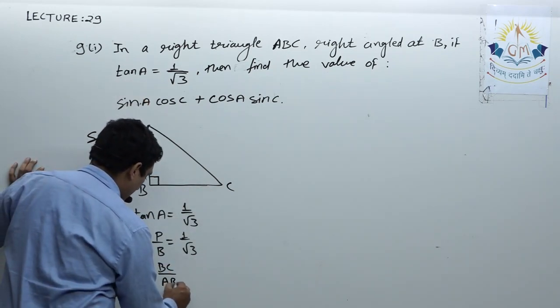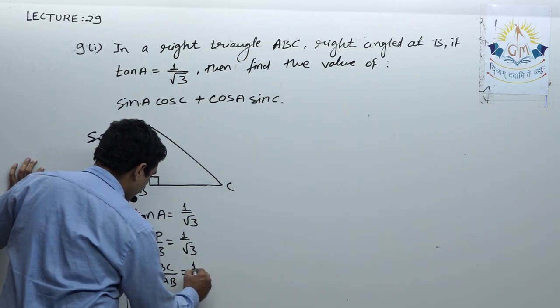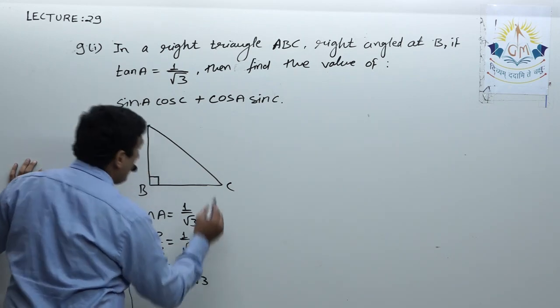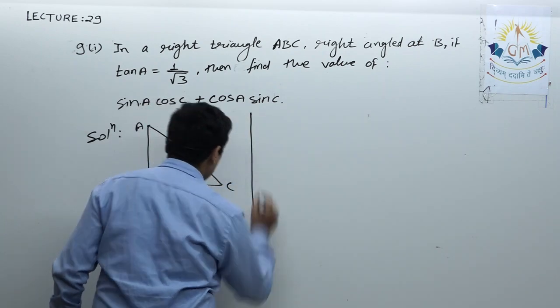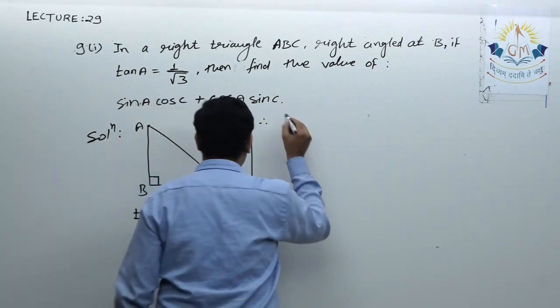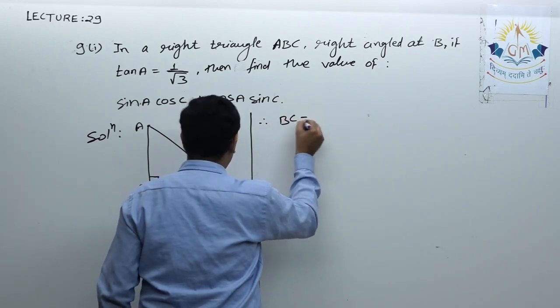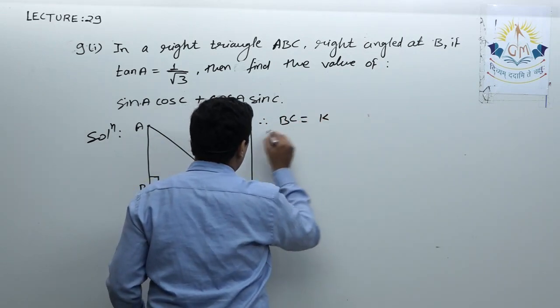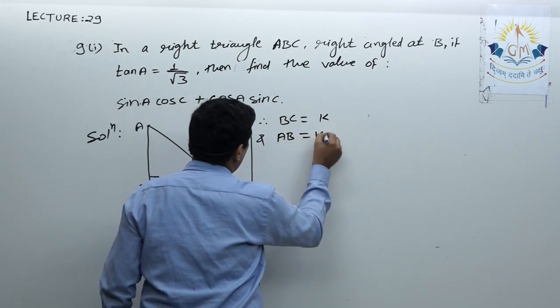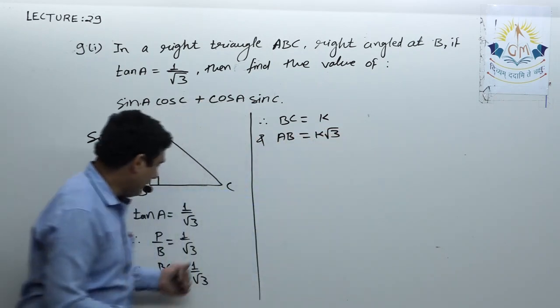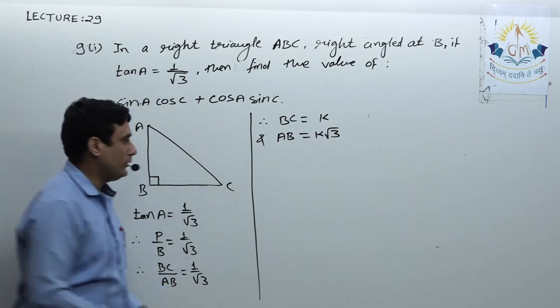So BC upon AB is equal to 1 upon root 3. Therefore I can write BC is equal to K and AB is equal to K root 3.